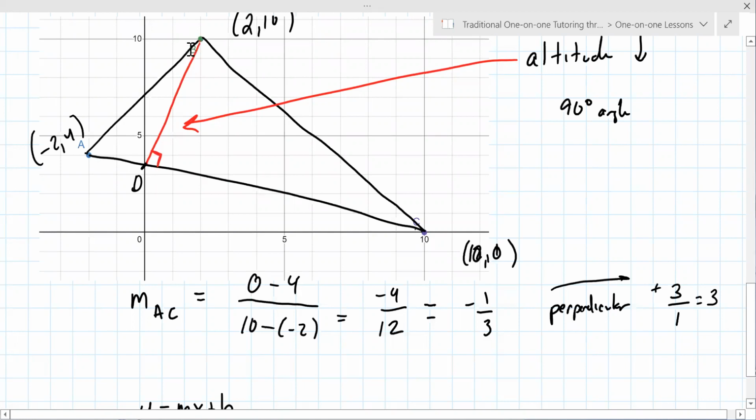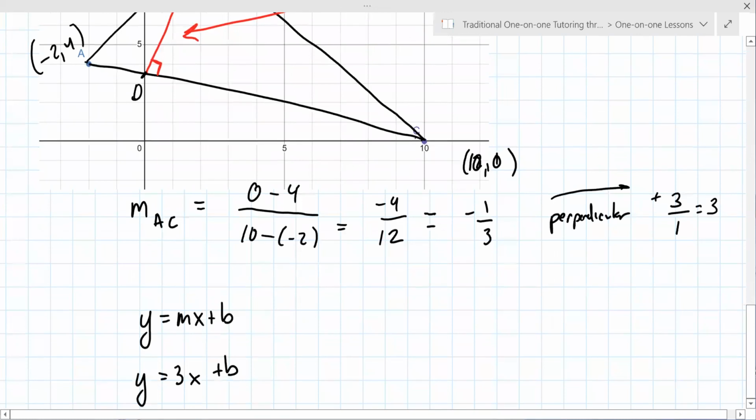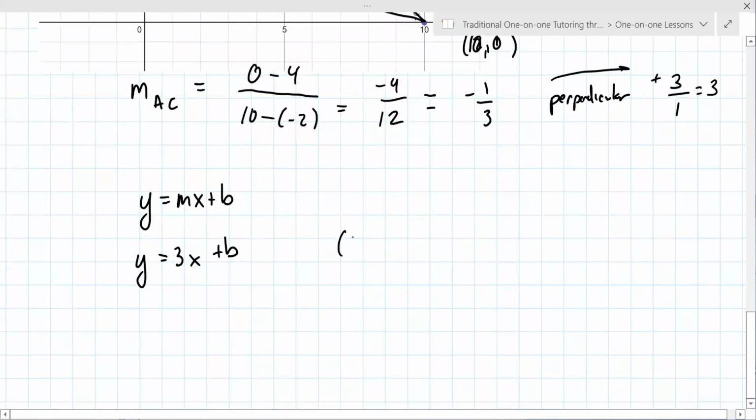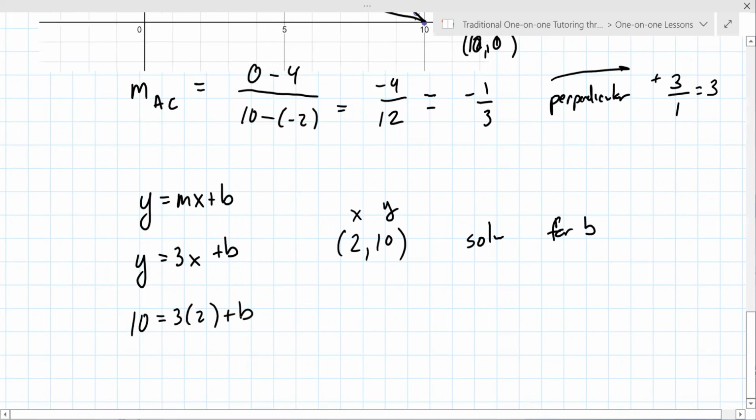Point B. So use (2, 10), x and y, and use those to solve for b. So 10 equals 3 times 2 plus b, and then b equals 4.